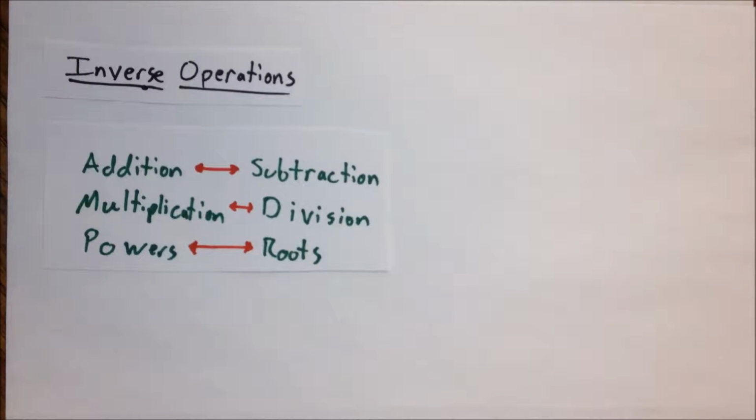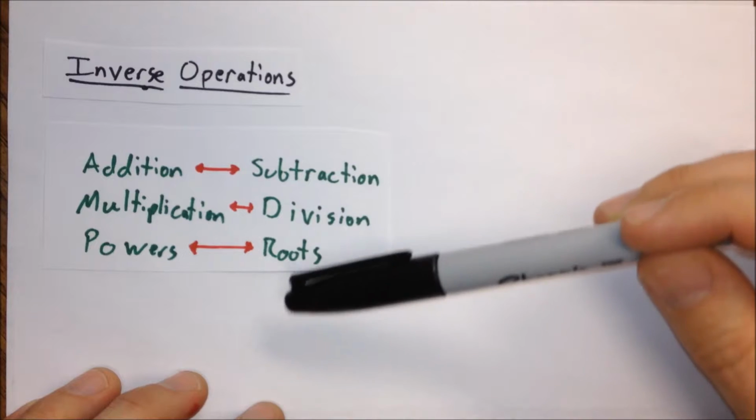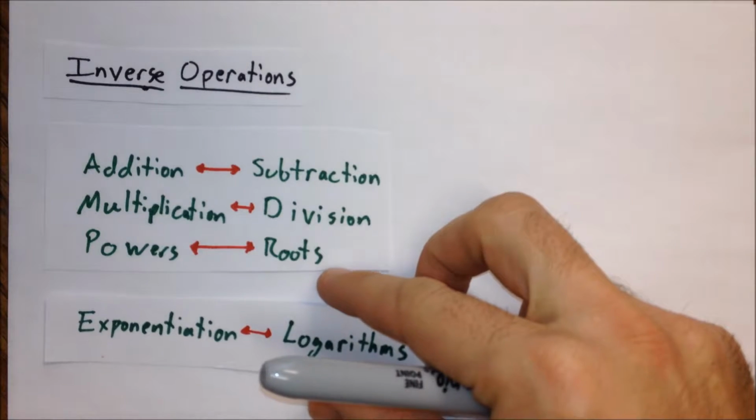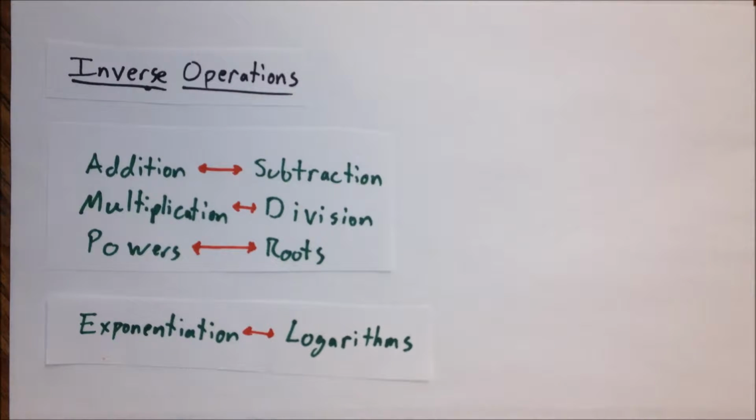So whenever you add or multiply or take a power, you can undo those operations by subtracting, dividing, or taking a root. So we have all these inverse operations and how they work, and today we're going to be introduced to two new inverse operations. The idea of exponentiation and the idea of a logarithm.